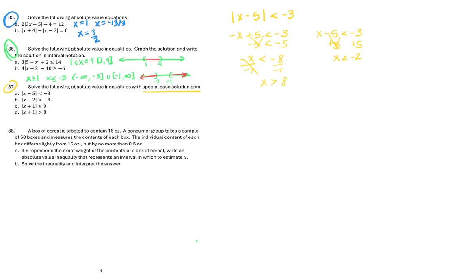So you think, oh, we're finished with the solution. We are in fact not, because if I put in 8 into here, I have 3 less than -3. 3 is not less than -3. And then I also have -2 minus 5 is less than -3. Then I have -7 is less than -3.